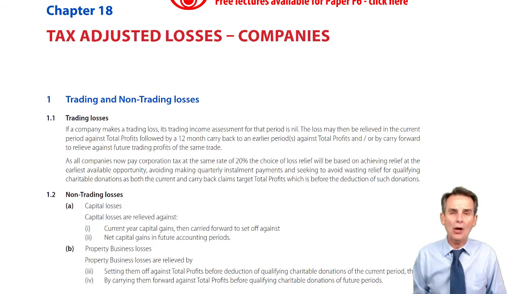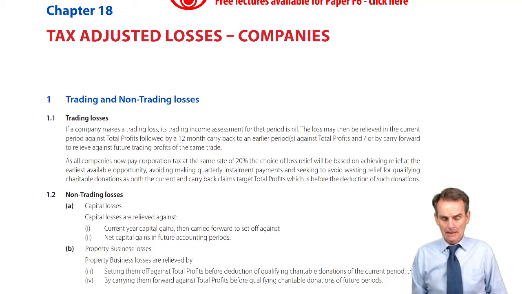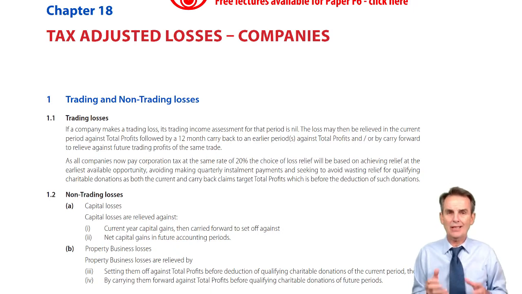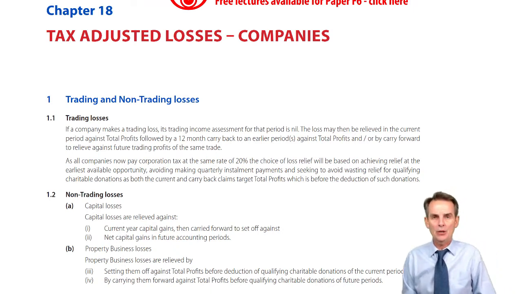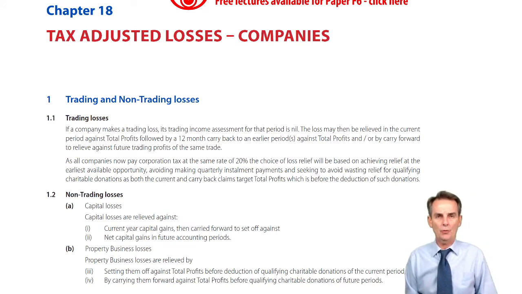If when we apply a loss against those total profits in that current period, we bring that total profit down to zero, then any and all qualifying charitable donations would have nothing to be offset against. And there's nothing else we can do with them. In those circumstances, they would be wasted if we're talking about a single company in that position. So a consideration as regards the best use of losses, we'll summarise these later, is to avoid wasting your qualifying charitable donations.